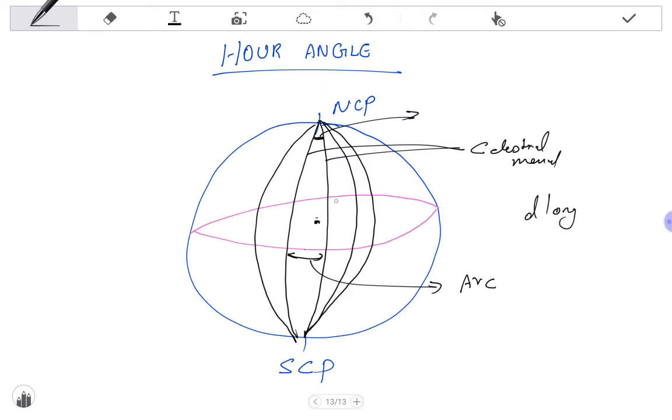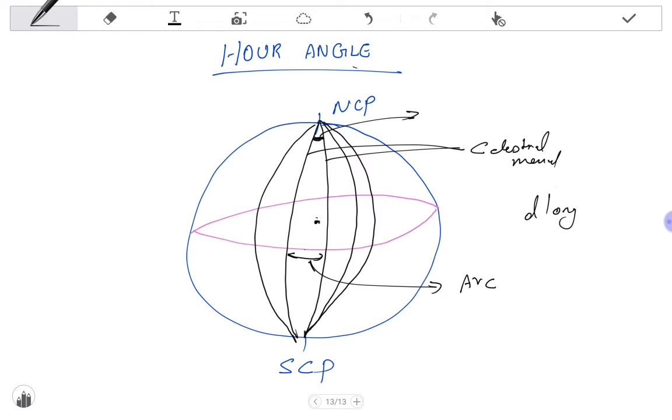So when the difference between two celestial meridians is expressed in the form of an arc or the angle at the poles, that term is called the hour angle.